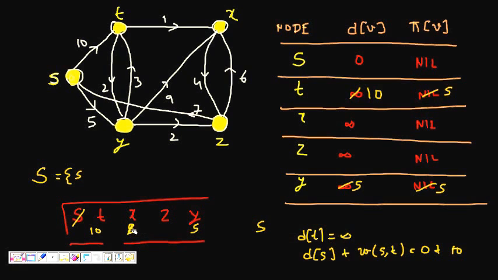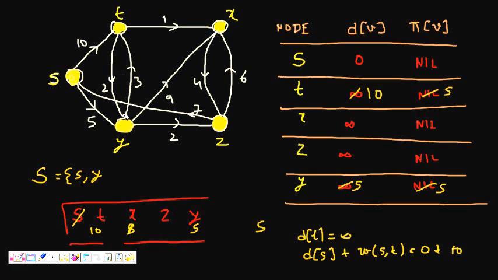Because it's a greedy algorithm, we want to proceed to the next node which has the minimum distance, so that when we explore this part du plus wuv, du is minimum, so 5, so y is taken out. So now y is taken out, and from y we try to explore.